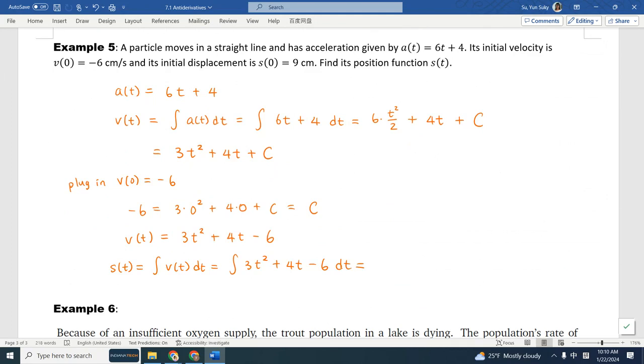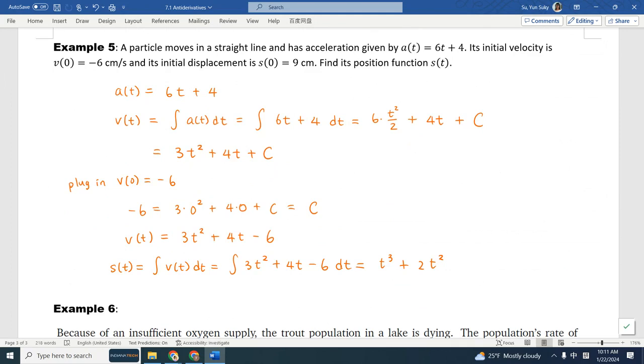What is the integral of 3t squared? t cubed, yes. Everybody okay with that? 3 times t cubed over 3, the 3 and 3 cancel. We get t cubed plus the integral of 4t, which is 2t squared, very good.